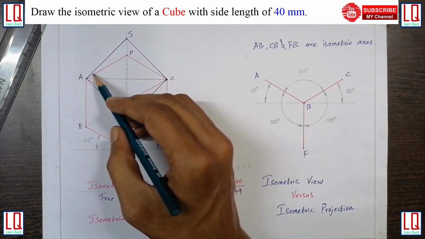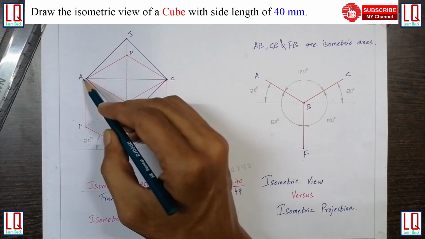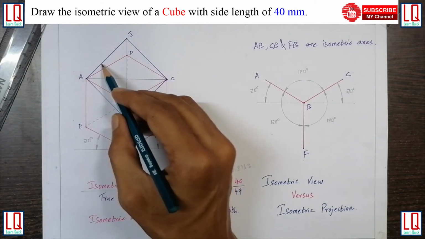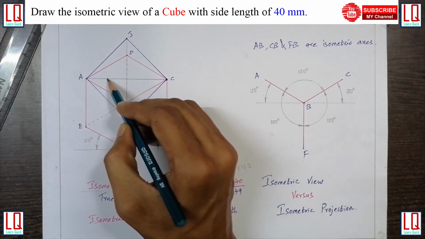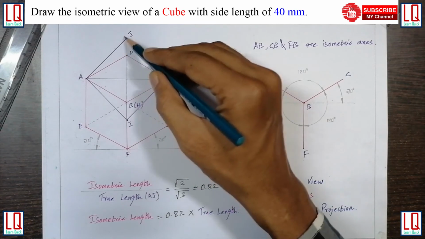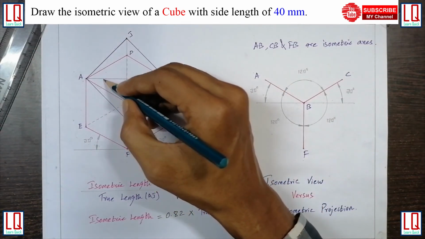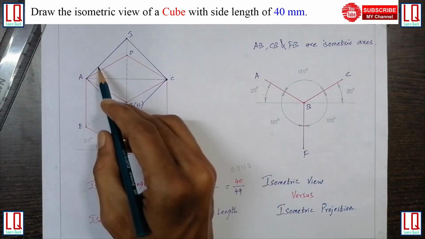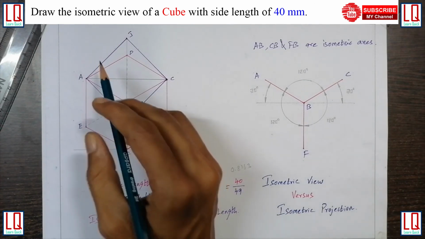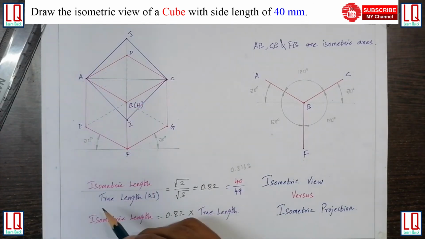Whereas the angle made by AJ and AC is 45 degree, because we all know in this square the corner angle has to be 90. So this angle is 45 degree and this angle is 30 degree.